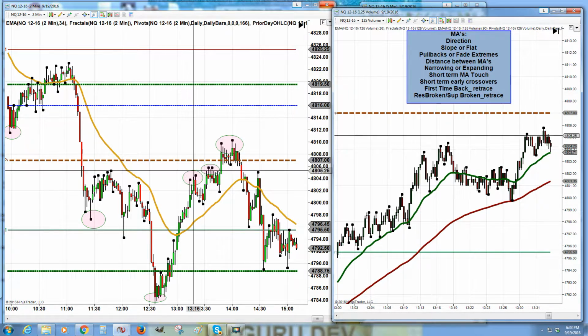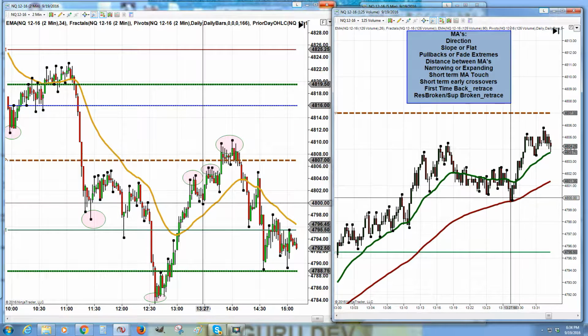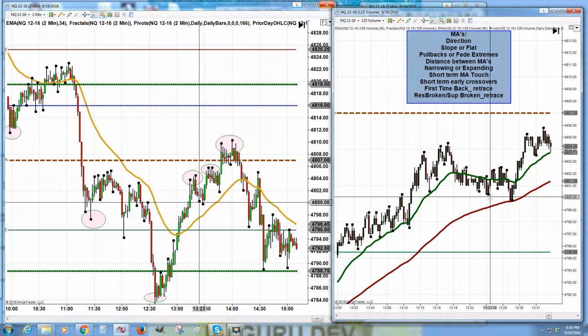But what we have when we combine the small time frame chart is it's much easier to recognize that this is where we want to be putting our entry in, a couple ticks maybe above the moving average here. And we have two things that we're looking at.